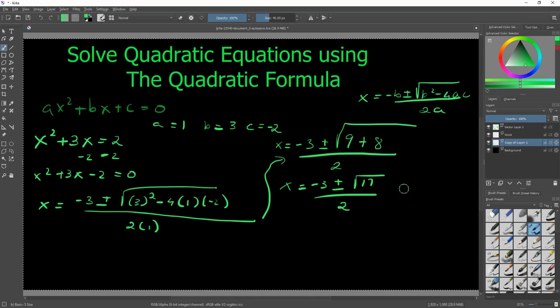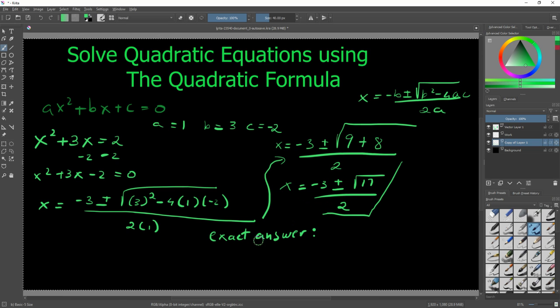Here, there are two things that you need to be able to do. One is called the exact answer. If they want the exact answer, they want you to leave it in radical. So all you do is you simplify this radical, and then you split it into two different answers.